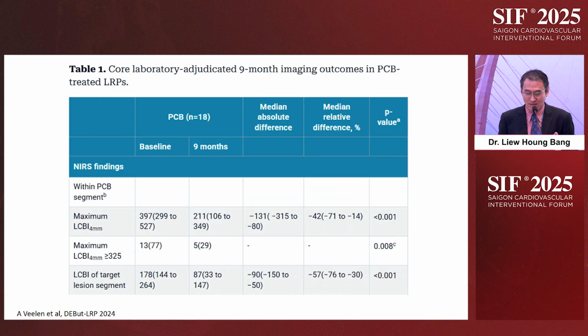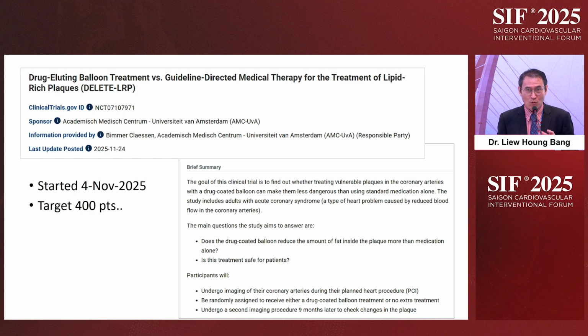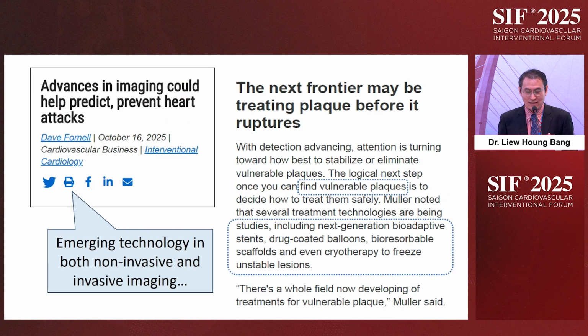It showed that it is feasible, and the MACE rate is low. What is more exciting is ongoing. As of last month, this study has started, targeting 400 patients, drug-coated balloon versus guided directed medical therapy in treatment of lipid-rich plaque. So we're really excited to hear more about this technology.